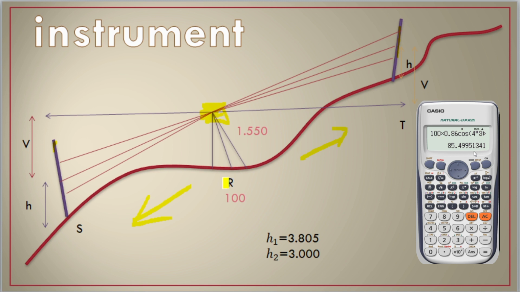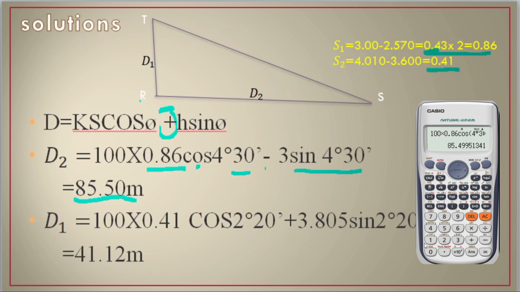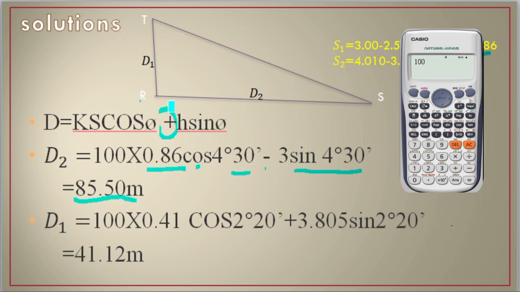So our d1, that is the distance from R to T, so that is the angle of elevation. So R to T found there. So our formula, as stated from what we had seen earlier, is ks cos theta plus h sin theta.